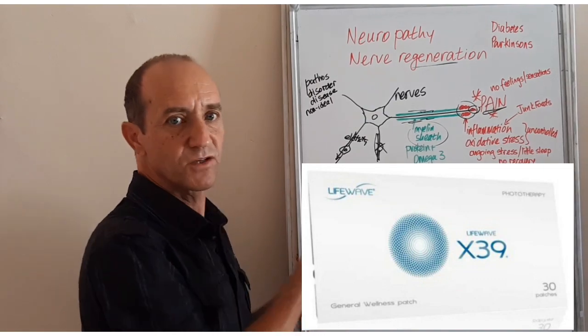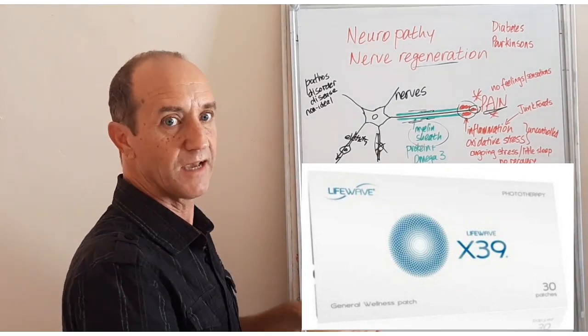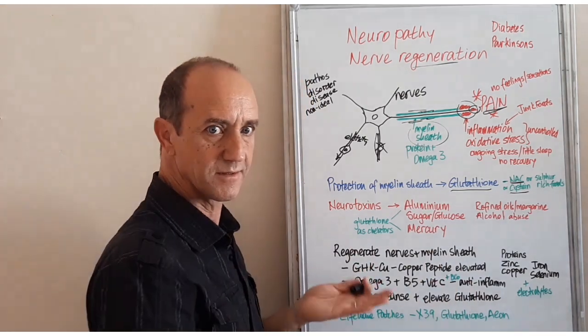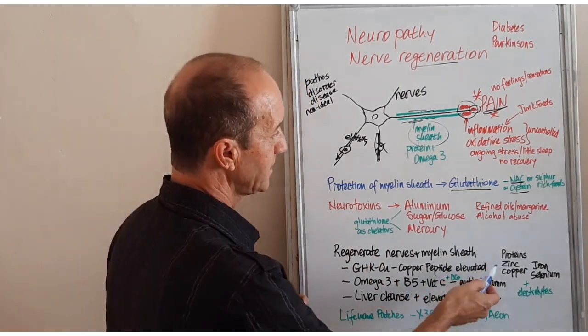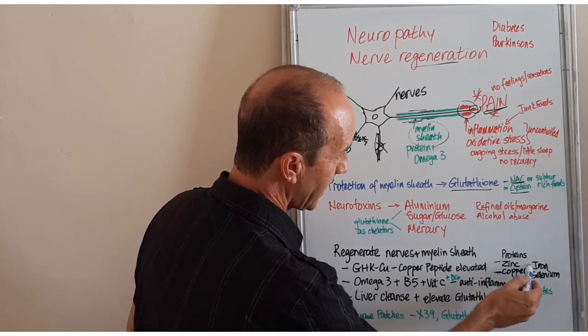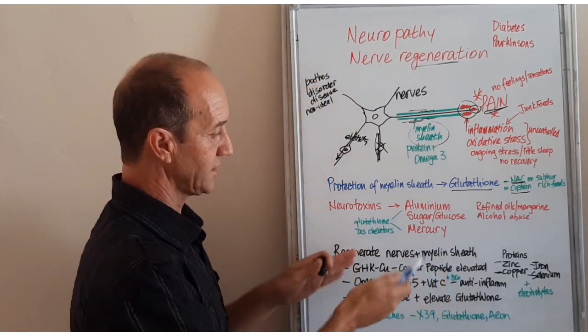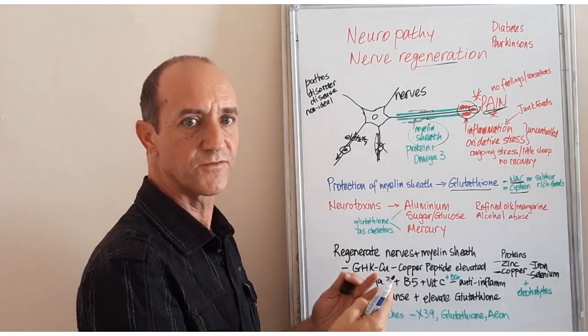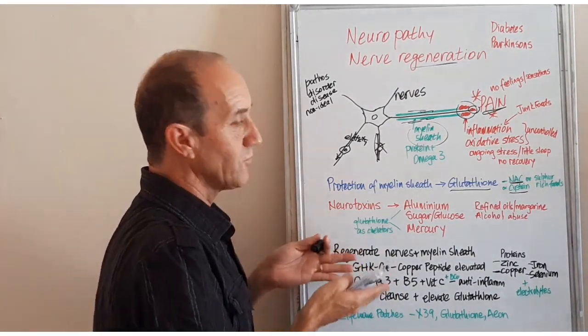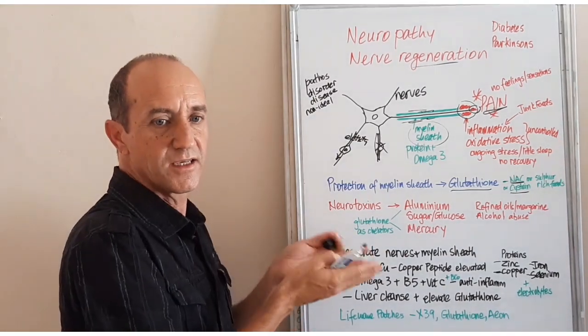To increase your levels of copper peptide, you use the patch, and you have to supplement with foods, which is proteins, and in my consultations I give you proteins. You also need the mineral copper, zinc, iron, and selenium. These are absolutely essential for the provision of copper so that the copper peptides can be made and elevated, and will produce the effects of a younger age.